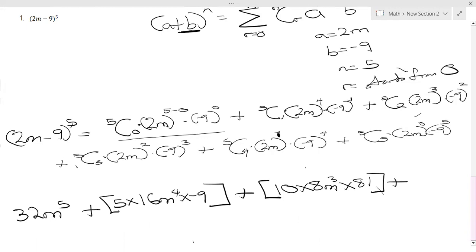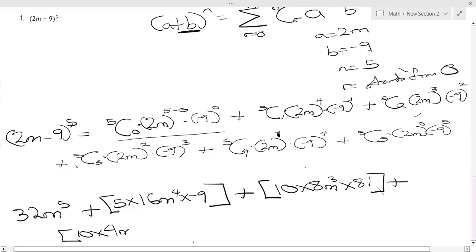Okay, so let me come down here. So we have 1, 2, 3. Now we're here. 5C3 is also 10. So I have 10 times 2m raised to the power 2. 2 raised to the power 2 is 4. m raised to the power 2 is m squared.